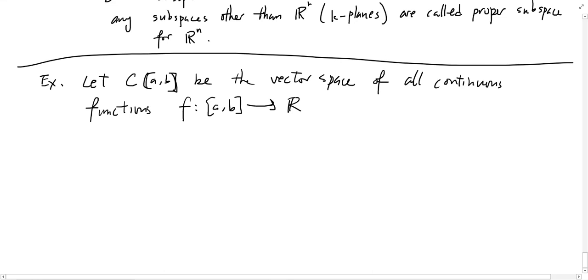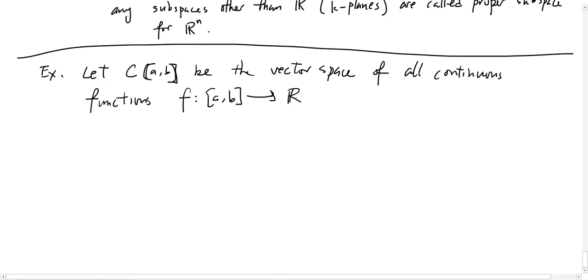So consider all continuous functions from A to B. Remember, I'm not talking about functions that specifically have a domain from A to B, but it could be a function that has a larger domain, so it will obviously be defined from A to B. For example, if I talk about the domain from 0 to 1, then I'm talking about any function that is continuous from 0 to 1. It could be x squared, x, sine x, cosine x, or a lot of other functions. I'm not restricting the domain, but just need the function to be continuous within that interval.